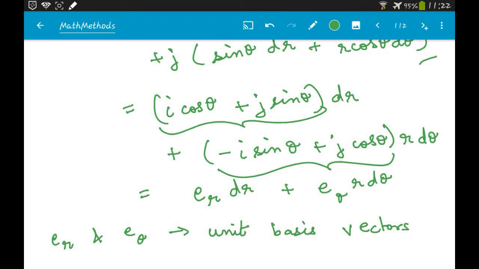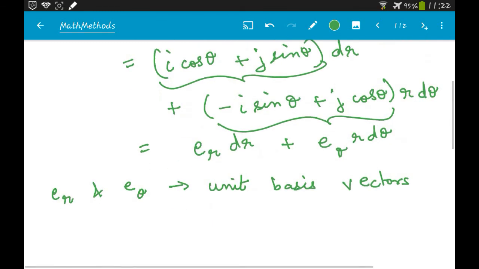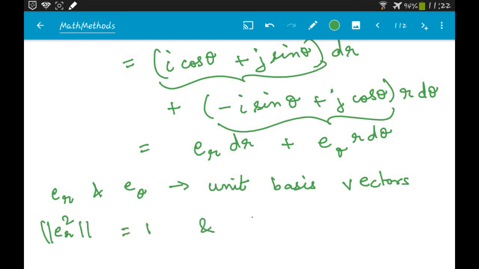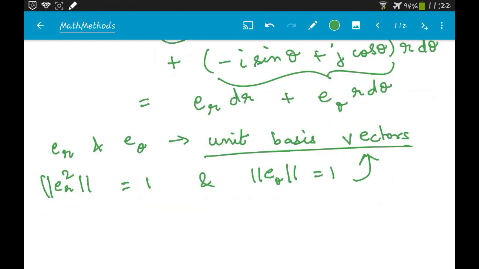Okay, they are unit because if you take the square of individual terms, if you do the norm of e_r, you are going to get 1, and the norm of e_theta also you are going to get 1. So they are unit basis vectors.